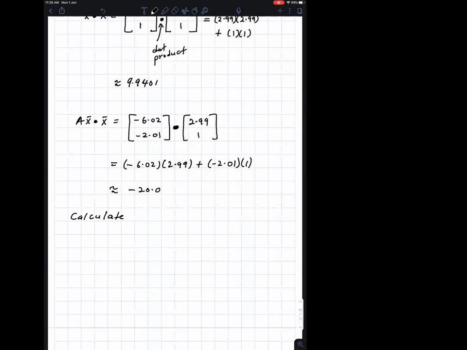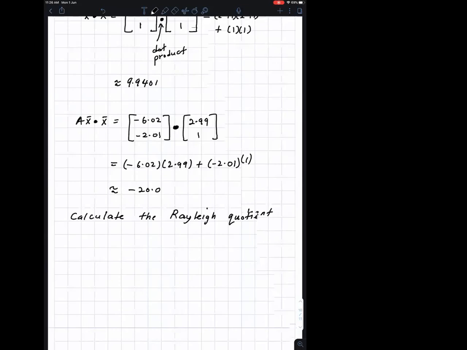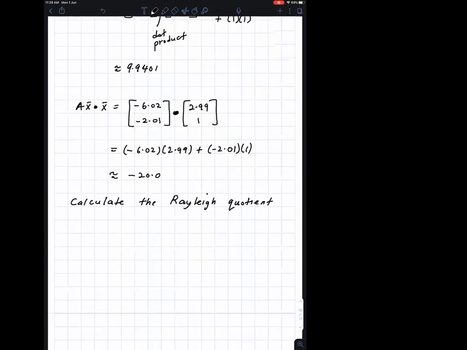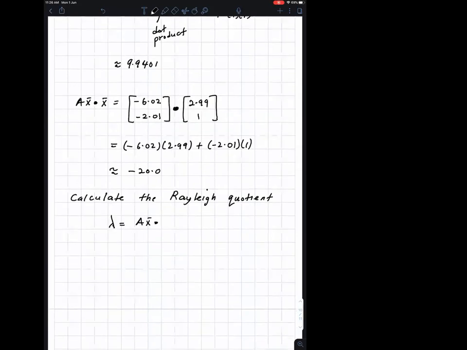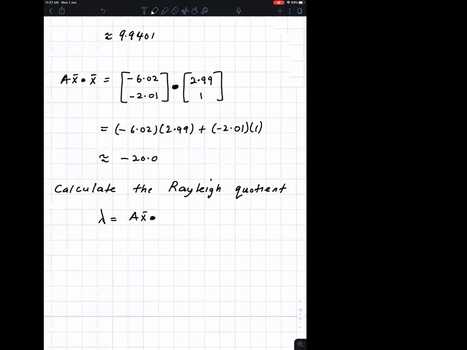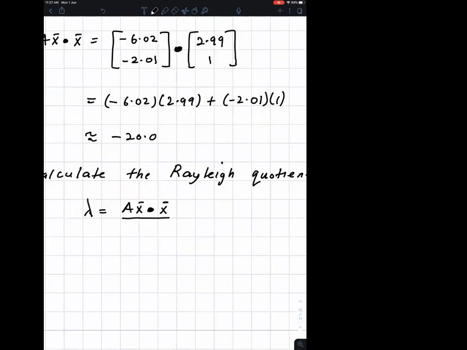Calculate AX bar dot with X bar divided by X bar dot product of X bar.